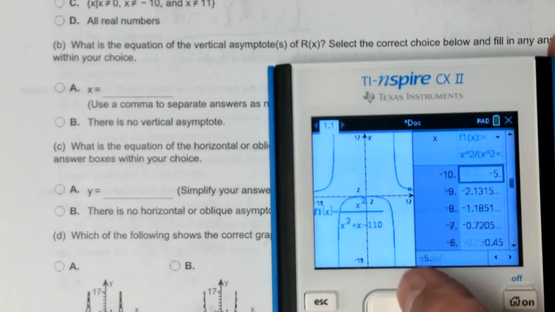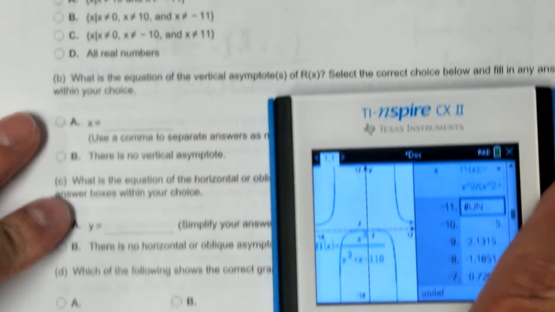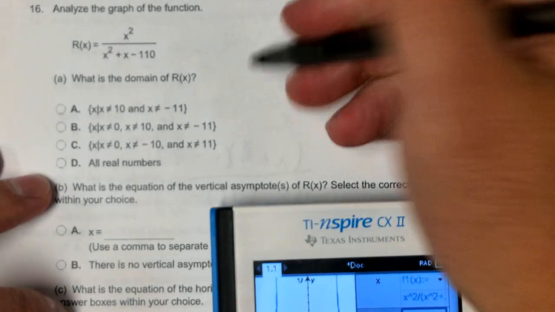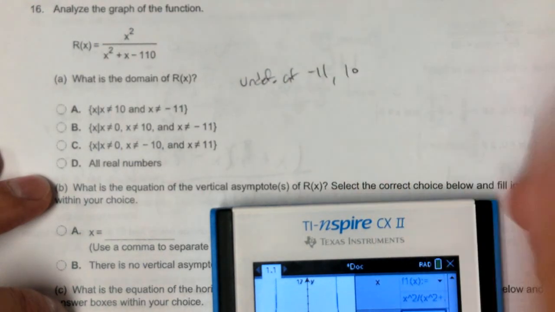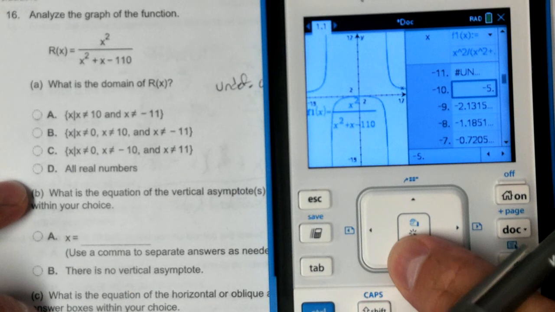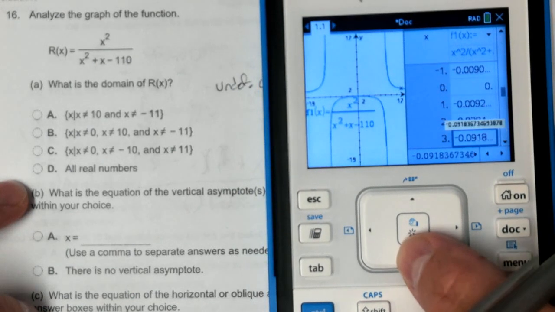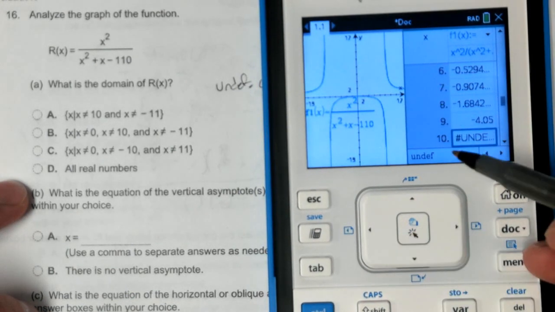At negative 10, it's negative 5, but at negative 11, it's undefined. So it's undefined at negative 11 and positive 10. Right there.